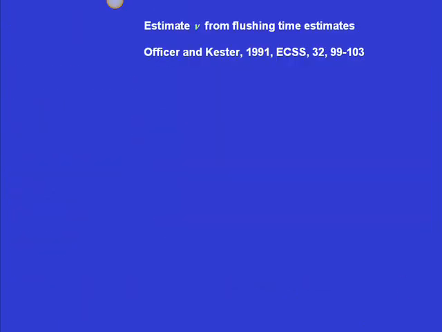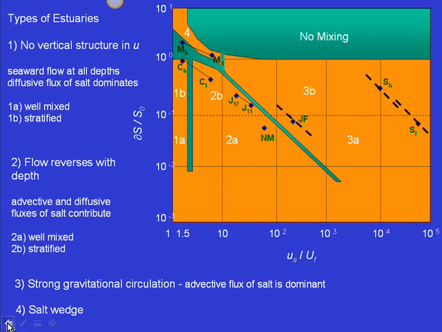Okay, you can use all these concepts in a very useful manner, but before we go there, let's discuss this a little bit. One of the drawbacks of this classification is that you have to prescribe this circulation parameter and this stratification parameter. So it's not that easy a priori to know these.